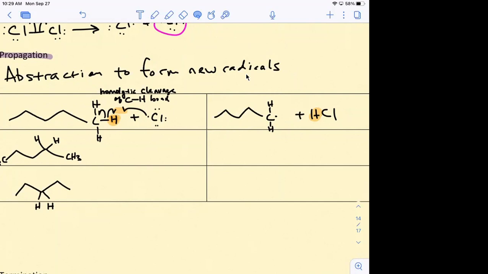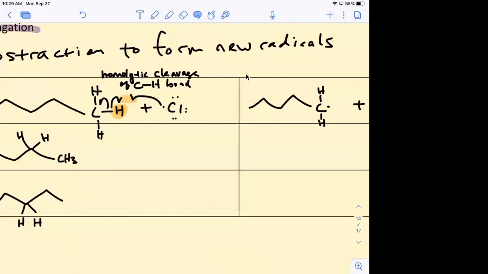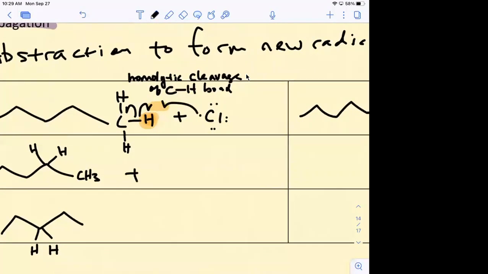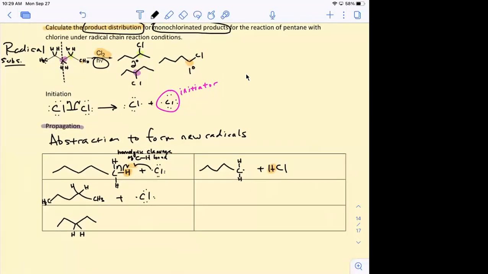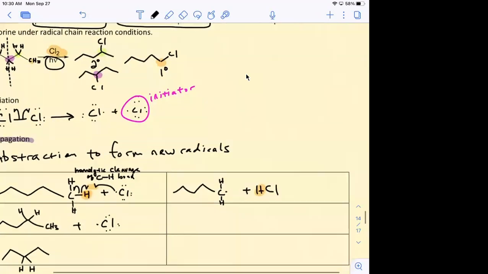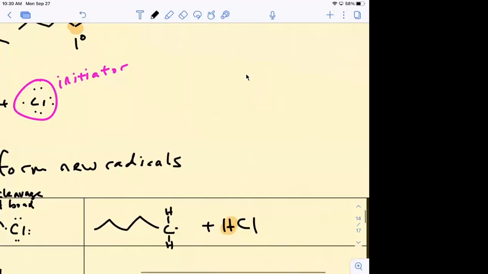All right, what about the next example? So it's going to be this plus a chlorine radical. Is anybody wondering how we're going to have a third chlorine, when we only started with Cl2 up top? Yes. Does it have anything to do with the light? Well, not necessarily the light, but the stoichiometry, right?